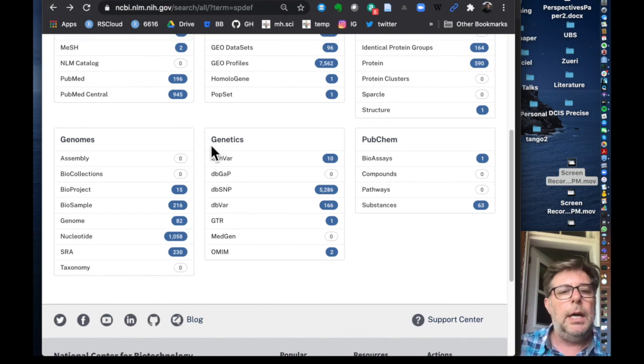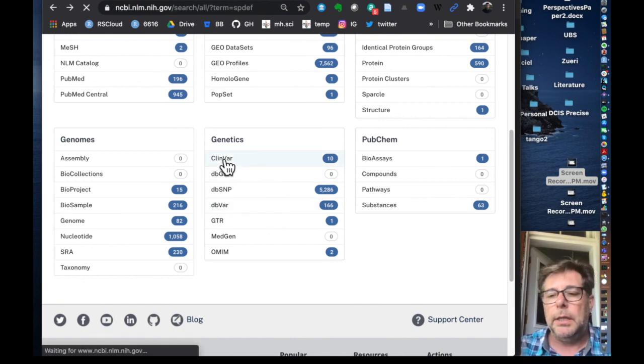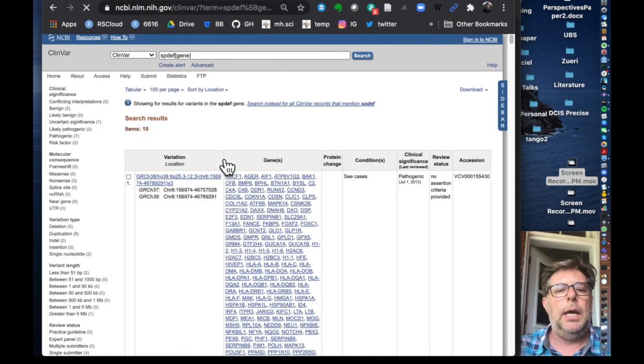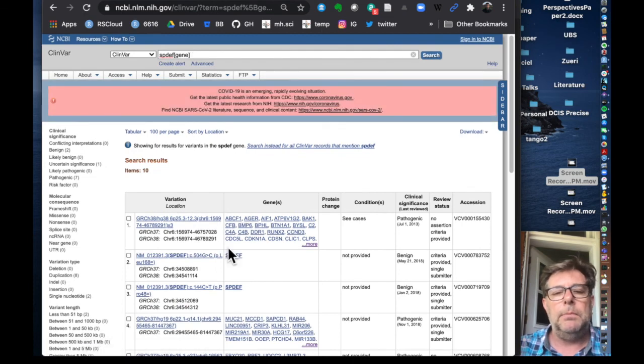The genetics, so this comes back to polymorphisms and mutations in disease. And I could click on, say, clinical variables or ClinVar, and I'll get basically all the times that mutations have been seen in SPDEF. In this case here, this is a G to C transversion at site 504.